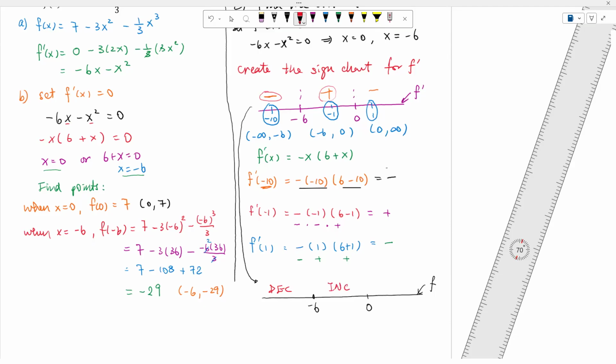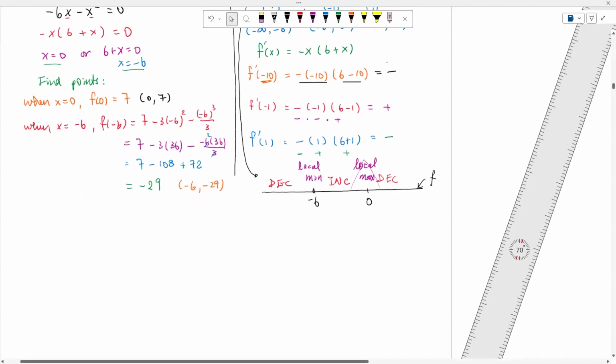From 0 to infinity, f prime is negative, meaning f is decreasing. From decreasing to increasing, I will have a local minimum at x equal to negative 6. And from increasing to decreasing, I have the local maximum at x equal to 0.